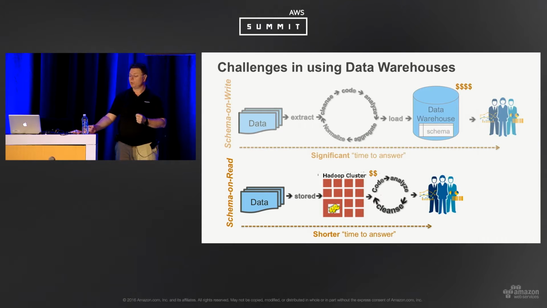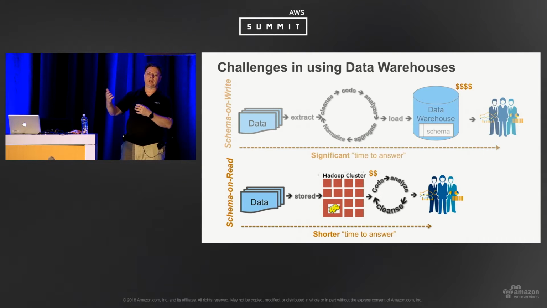And then on an as-needed basis, depending on the query, on a query-by-query basis, a subset of that data will be read during the query in its raw original form, read and structured on the fly to satisfy the query. Okay? So that's the schema on read.